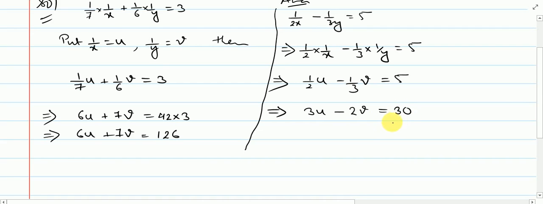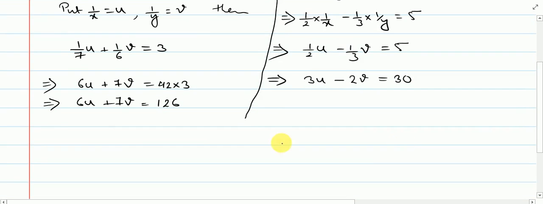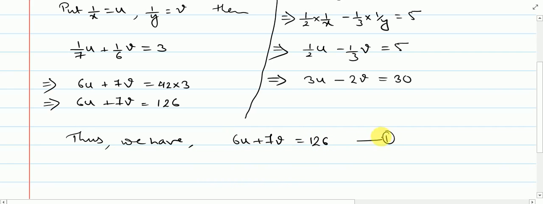So you write, thus we have 6u plus 7v is equal to 126. Give this equation 1. 3u minus 2v equal to 30.